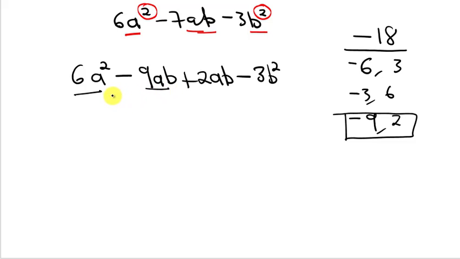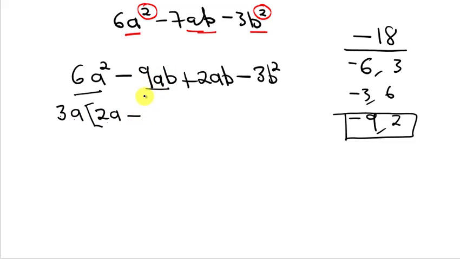So 3a will be the common factor. We have our 3a outside the bracket. When we factor 3a from 6a squared, we have 2a, because 3 goes into 6 twice, and a goes into a squared, a.